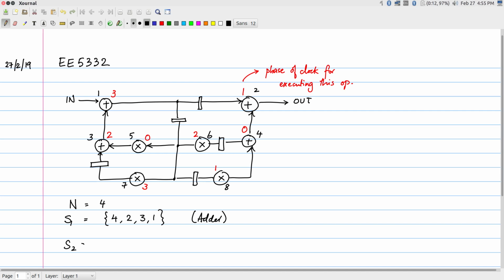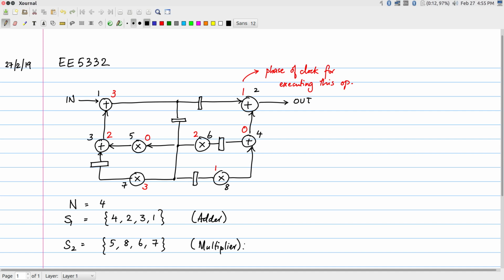And S2 is equal to 5, 8, 6 and 7 for the multiplier. Okay, so a couple of things to again keep in mind over here.